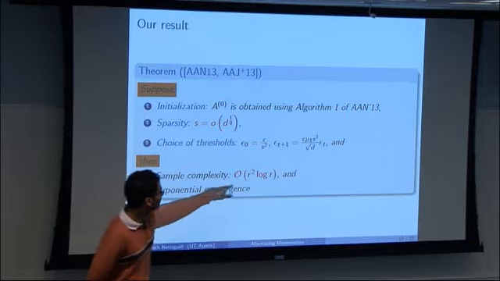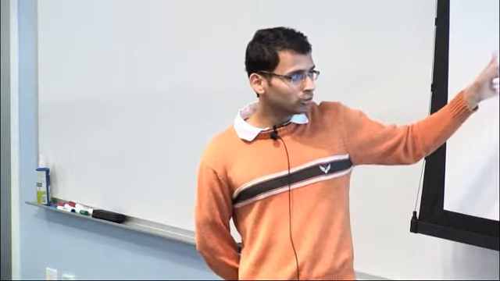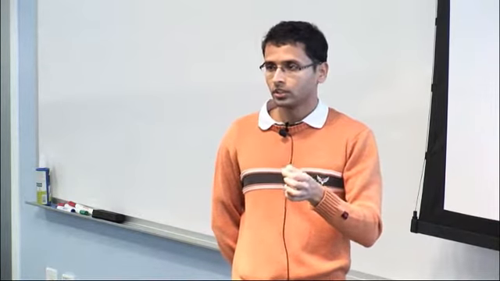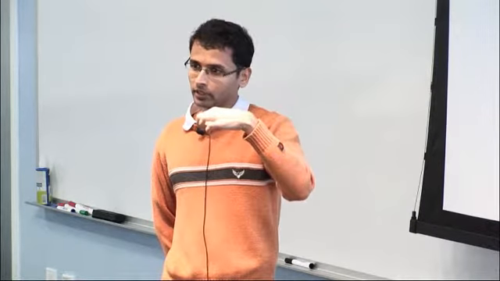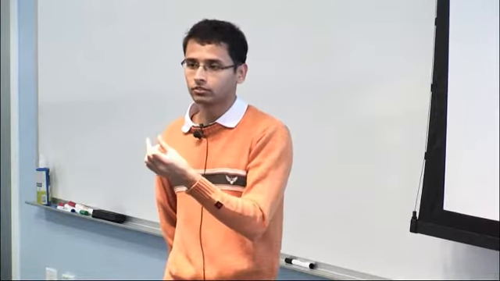Note that this is an overcomplete setting, and so r is greater than d. And once we have these many samples, we also have exponential convergence to the truth. That is, in each iteration of alternating minimization, the distance between our current estimate and the global optimum decreases by a constant factor, say half. So if we want an accuracy of epsilon, then in log 1 over epsilon iterations, alternating minimization gives you the epsilon close solution.